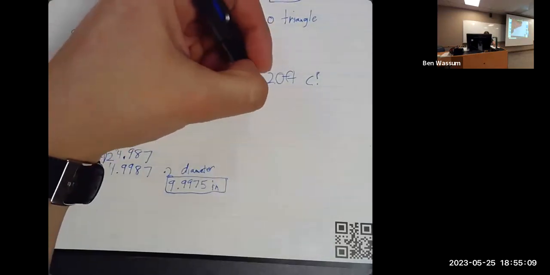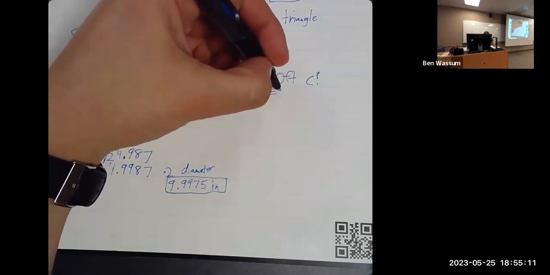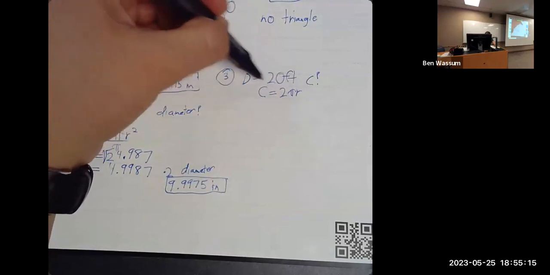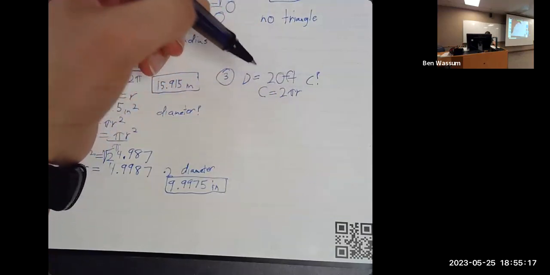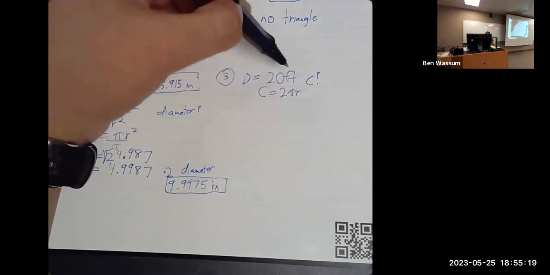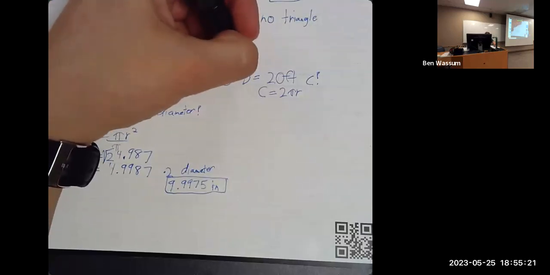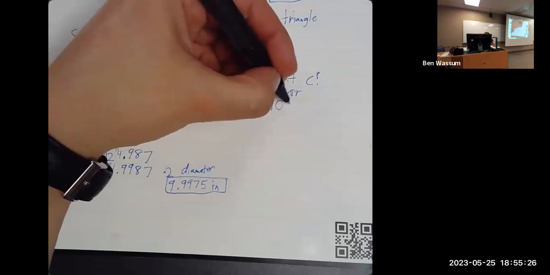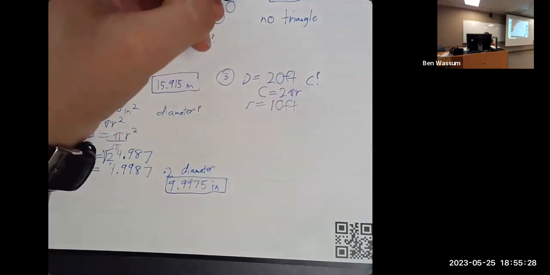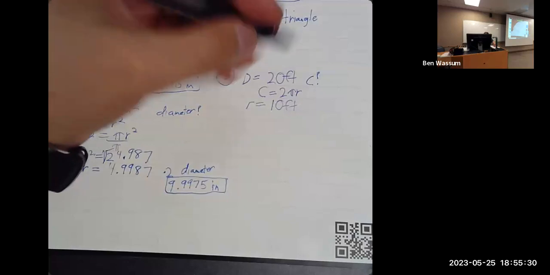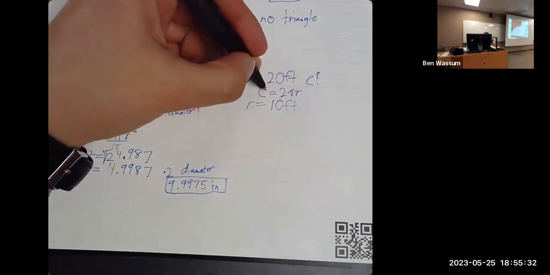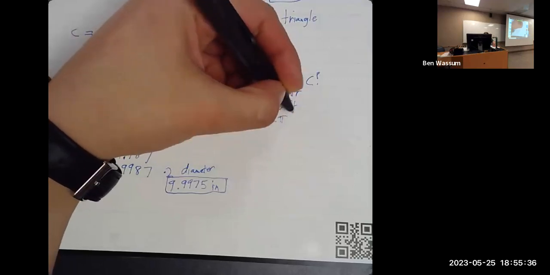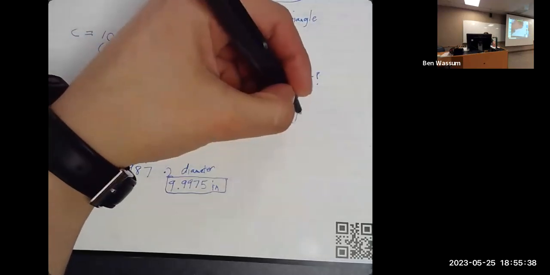Our circumference formula is 2 pi r. We don't have an r, but we have d. And remember, diameter is twice the radius. So if D is 20 feet, then our radius is going to be half of that, 10 feet. Now we can take that radius and plug it in for our formula. C equals 2 pi times r, which is 10.